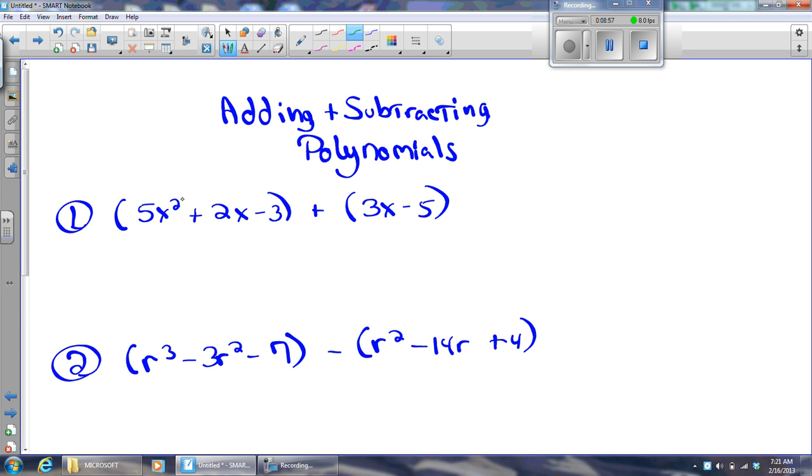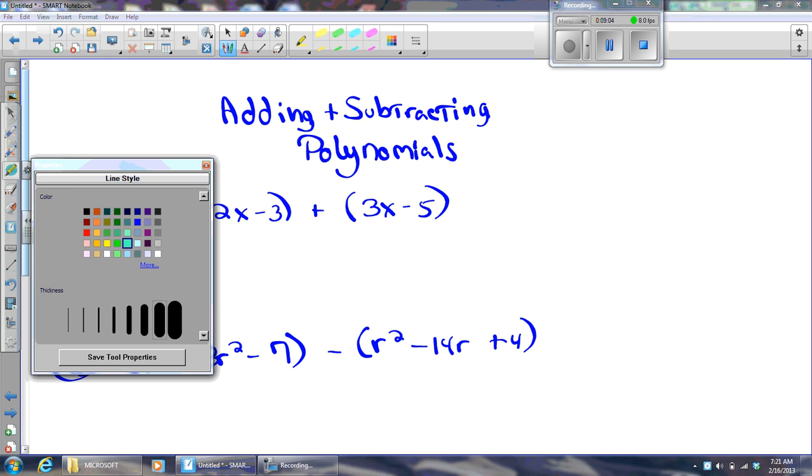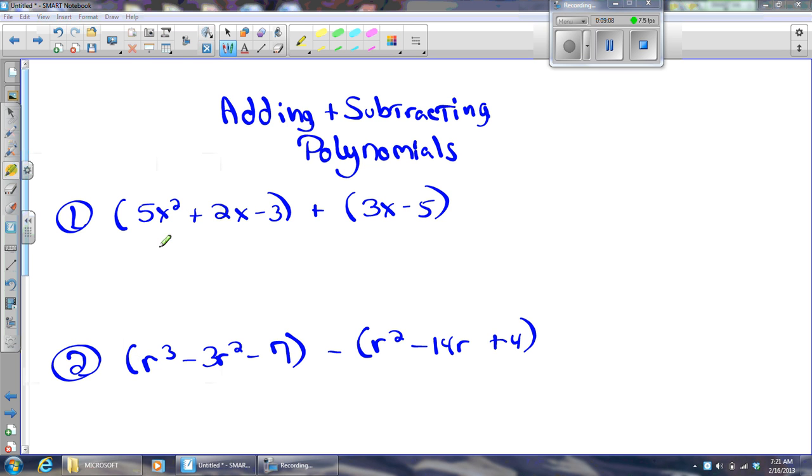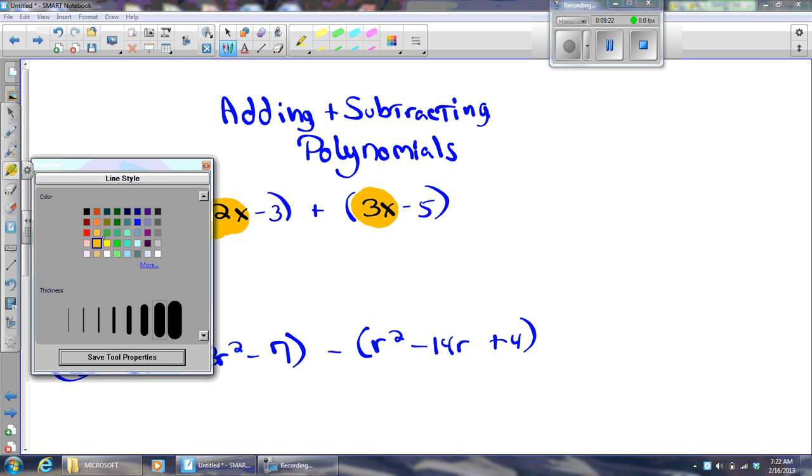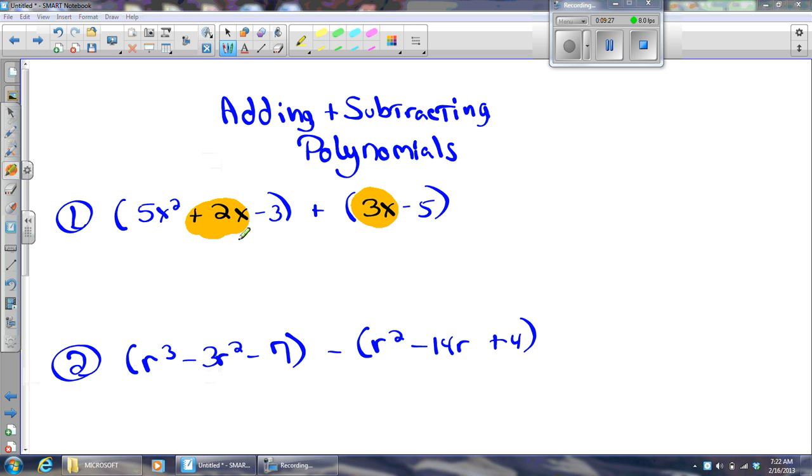Adding and subtracting. Now remember, adding and subtracting is all about combining like terms. I'm going to see there's a 5x squared here, but there is no x squared term there. I have a positive 2x, and I have a positive 3x. Okay, I also have a negative 3 and a negative 5.